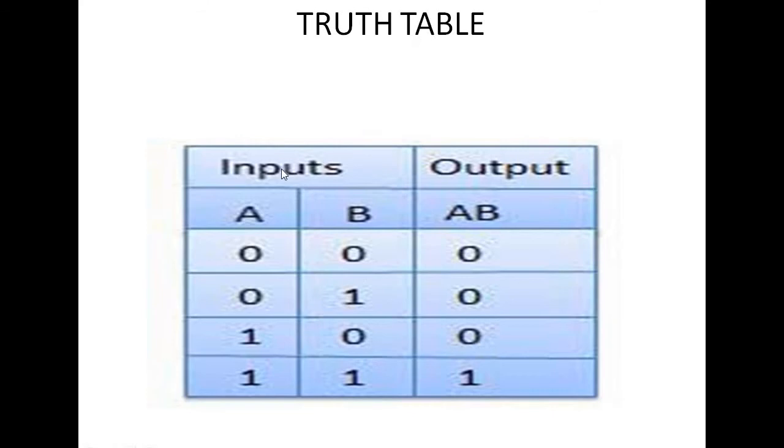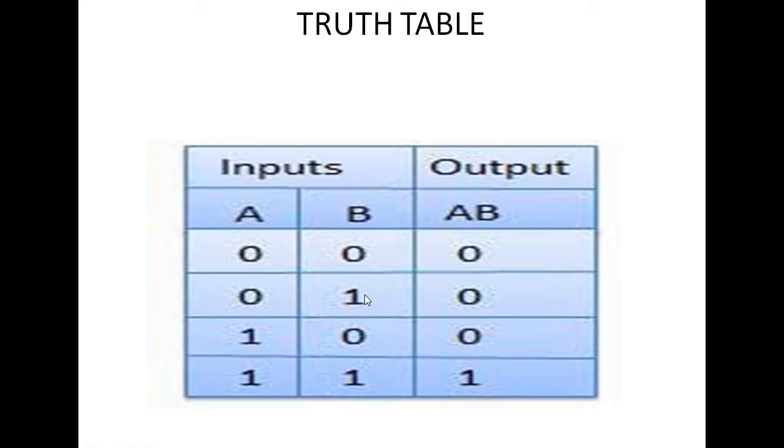This is the truth table of your AND gate. The two inputs are A and B and the output is AB. The AND symbol is otherwise denoted as the multiplication symbol. If both the inputs are 0, the output is 0.